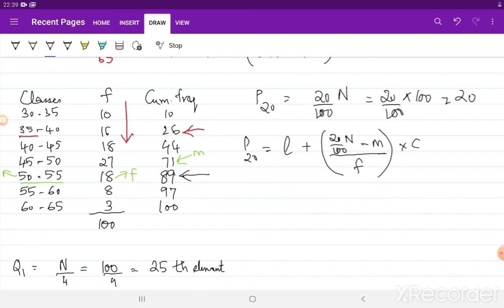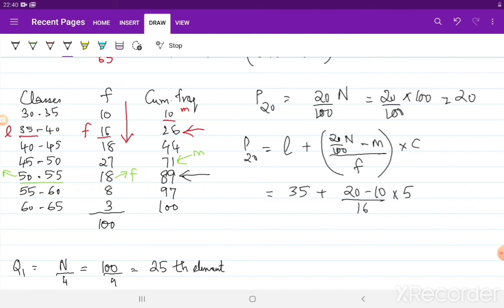So 35 will be my L, 16 will be the F, and 10 will be the M. So putting all those into the formula, L is 35 plus 20n by 100 is actually 20, we already calculated that, minus m, which is 10, divided by f, which is 16, into 5.